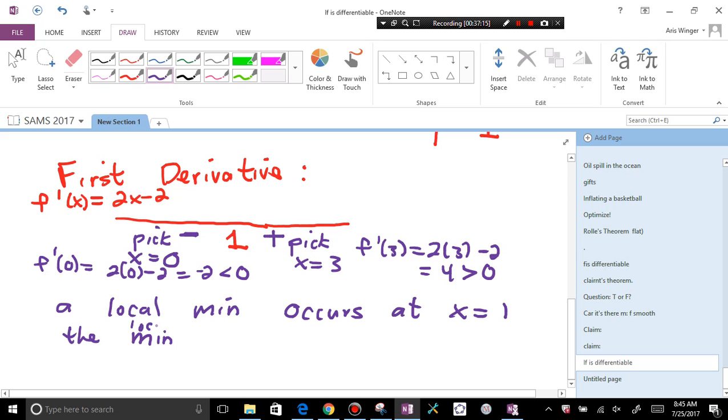The local minimum is f of 1, which we said was 6, right? 1 squared minus 2 times 1 plus 7. 1 minus 2 plus 7, 6.